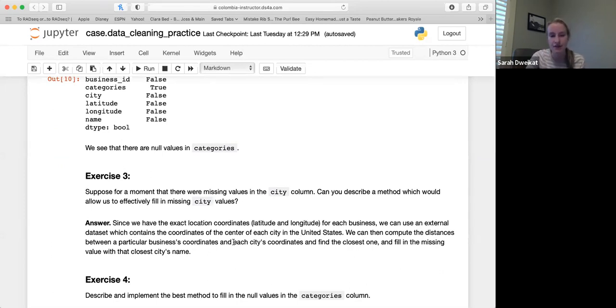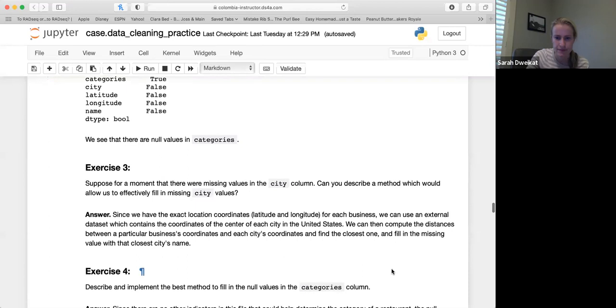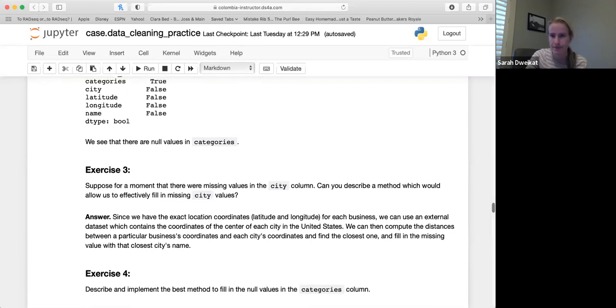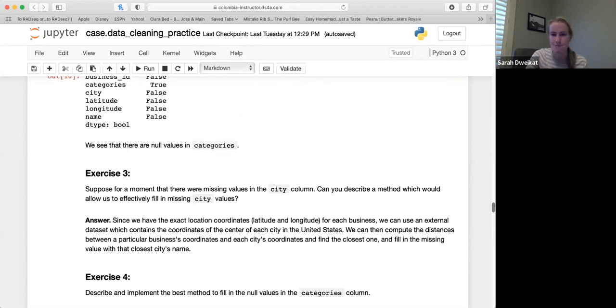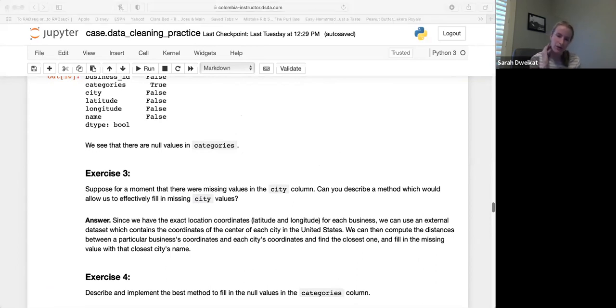So for exercise 4, let's actually talk now about the categories column that is missing data. Describe and implement the best method to fill in the null values in the categories column. So let's think about what we would do for the categories column.